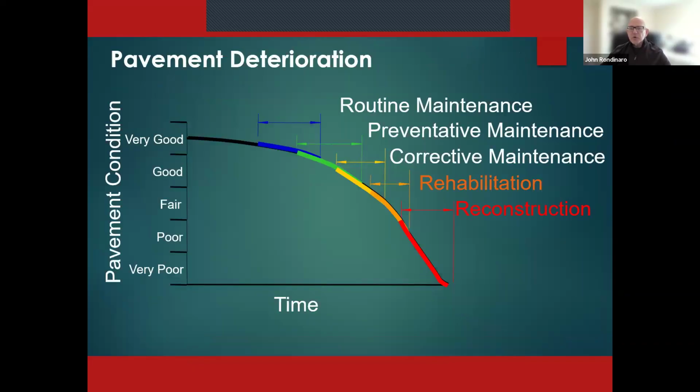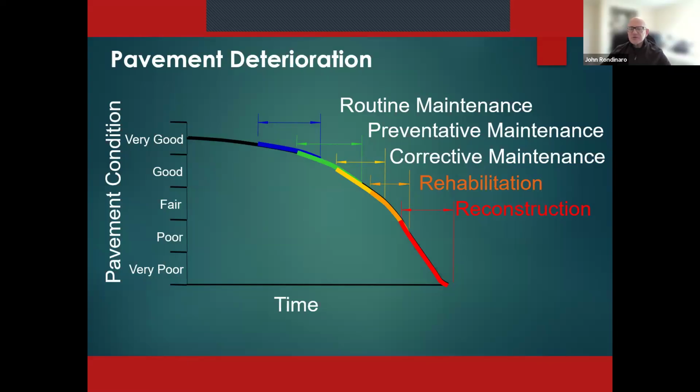And you can look at that same pavement deterioration curve and look at the different types of work that you can do over the life of that pavement. While that pavement's still in real good shape, you're doing your routine maintenance work on your guide rail, your shoulders, mowing, any of that type of work. You're also doing your preventive maintenance activities, the stuff we're going to be talking about today, in particular your crack sealing and your thin wearing courses.